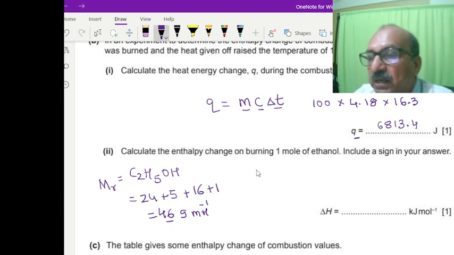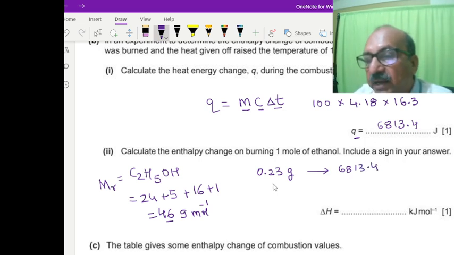So if you do a simple ratio and proportion or the unitary method, then 0.23 gram actually gave you a heat equal to 6813.4. So 46 gram, that is 1 mole, is going to give you how much. That value you have to find.